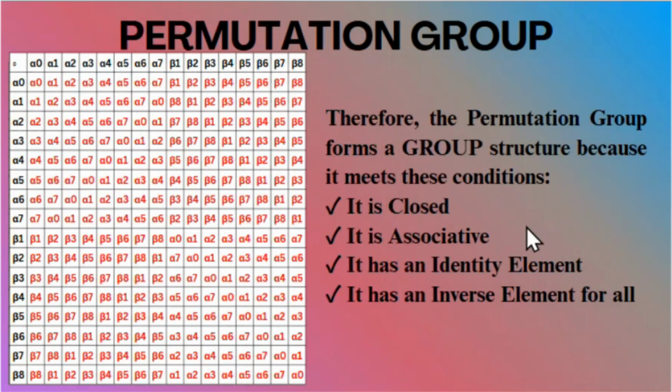Therefore, the permutation group forms a group structure because it meets the following conditions: it is closed, it is associative, it has an identity element, and it has an inverse element for all.